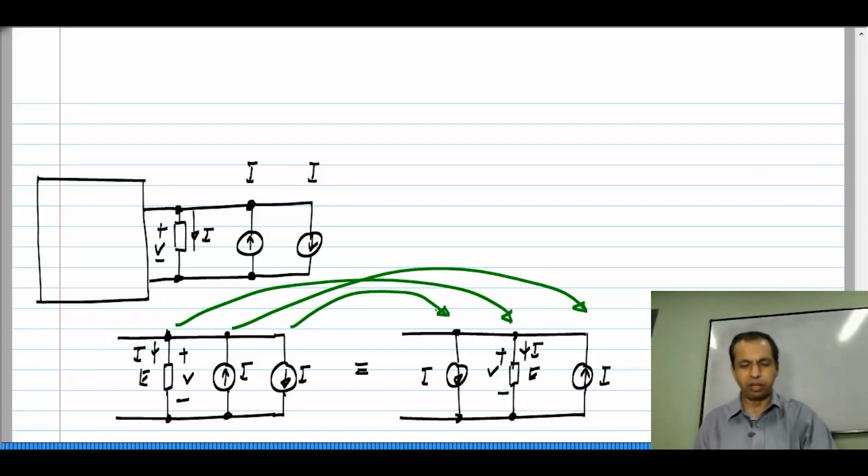I have simply redrawn it differently. That is all that is there to it. So, these are exactly identical.